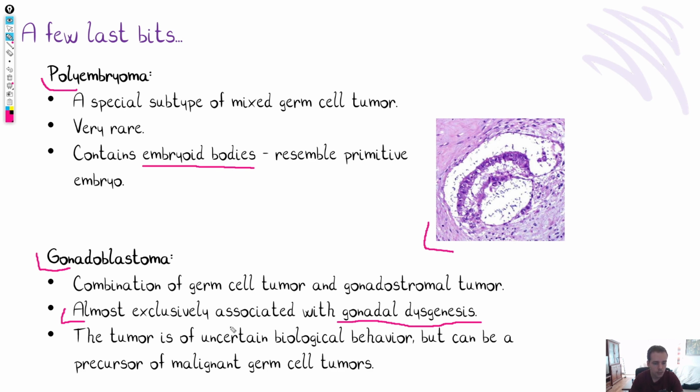It's considered a tumor of uncertain biological behavior, but it can be a precursor of malignant germ cell tumor. So some other malignant germ cell tumor can arise in the terrain of gonadoblastoma. So it's good to keep in mind that this is possible, and especially the patients with gonadal dysgenesis are in increased risk of this specific tumor.